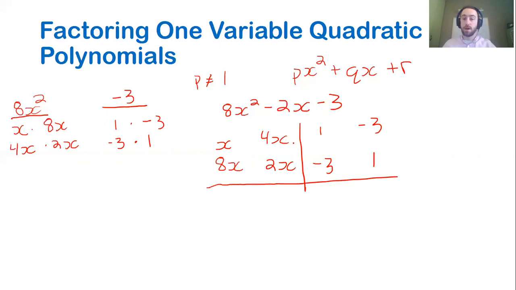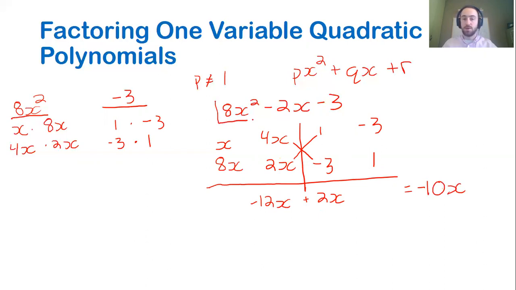Now we're going to go ahead and cross multiply. So we'll start with these factors here. So we have 4x multiplied by negative 3, which gives us negative 12x, and 2x multiplied by 1, which gives us positive 2x. Doing the addition on our bottom line, we get negative 10x.